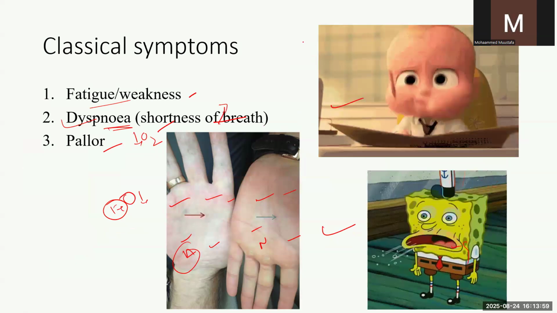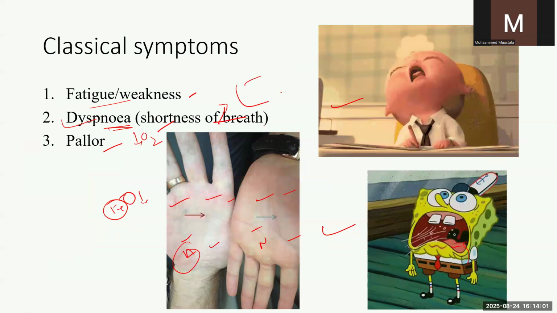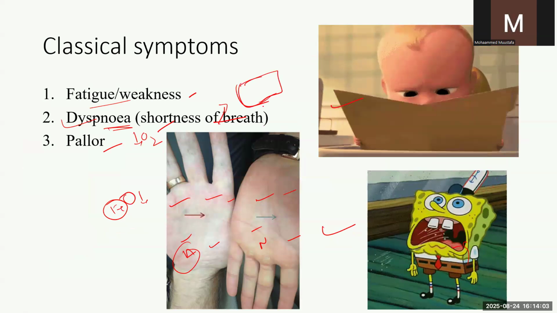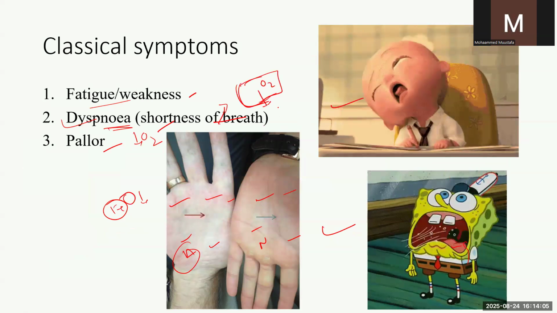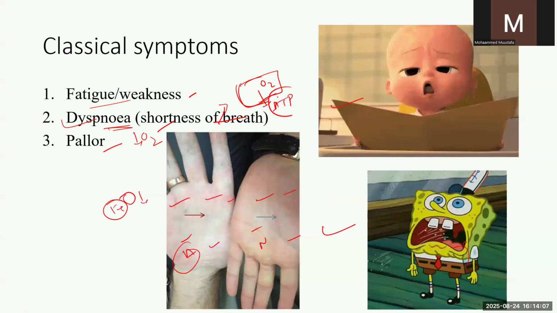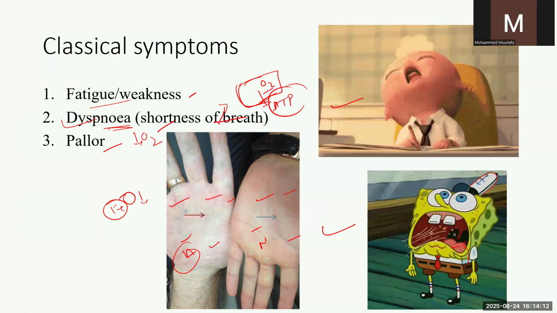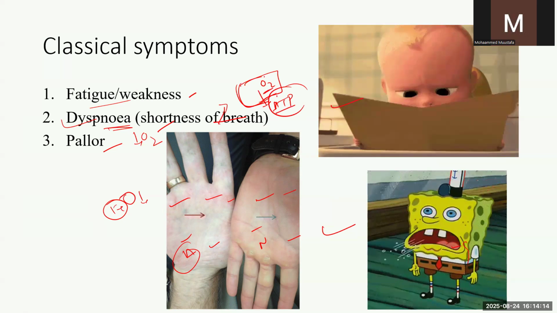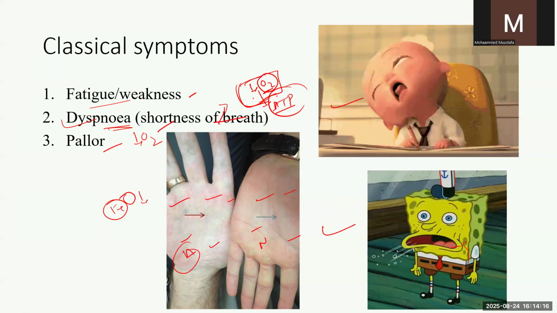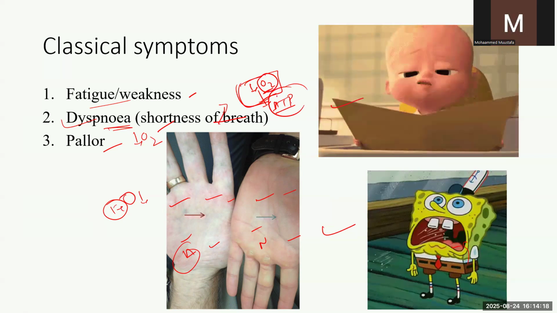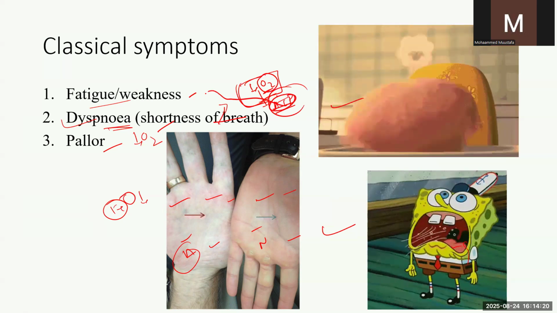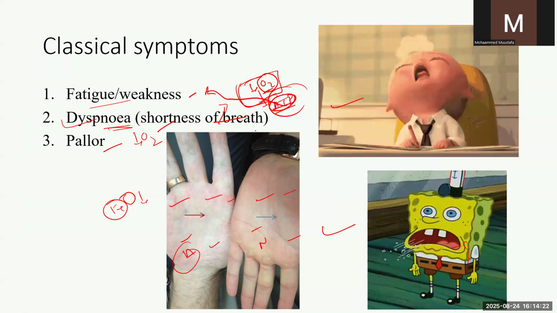Oxygen is required for the generation of ATP, which we will discuss in some other classes. As of now, remember oxygen is required for the generation of ATP. If there is a reduction of oxygen at the tissue level, there is no generation of ATP. If there is no ATP, the person will feel weakness.